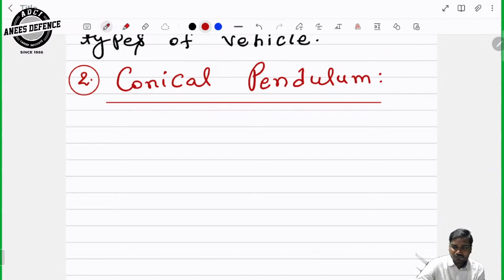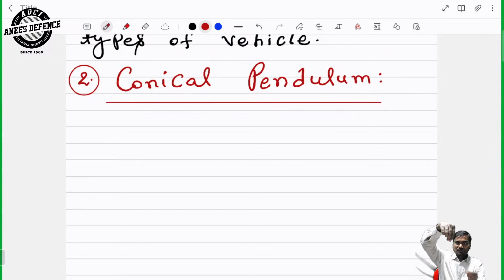So conical pendulum means what? Just consider I am moving this object. What you are observing? That is making a cone. Yes or no? The object is moving on this path. So why cone? You can say, sir, this is a circular path.